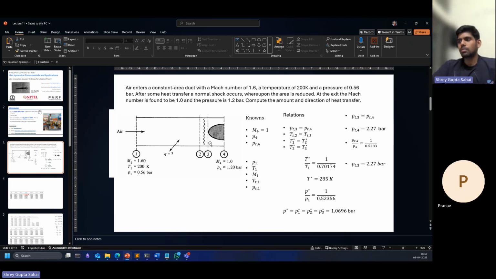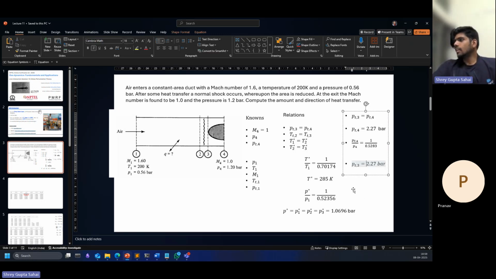I just need one Mach number to proceed, right? And this has to happen across the normal shock, because we know details a little upstream and a little downstream of the normal shock. So that is the idea there.